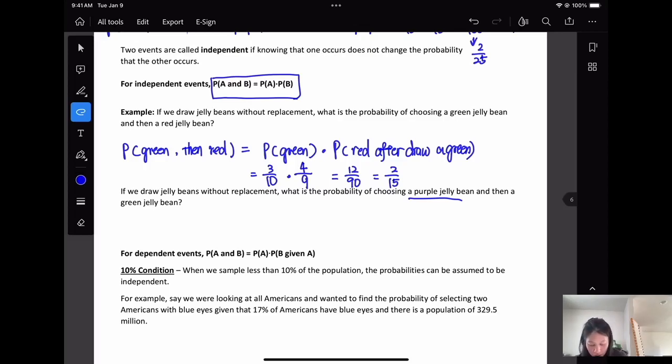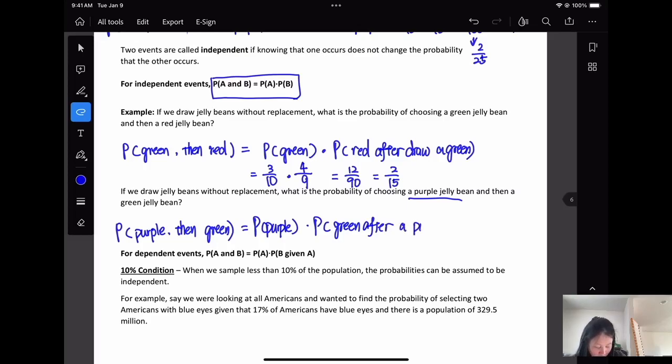Okay, now in here we're drawing a purple jelly bean, then a green jelly bean. So the probability of drawing a purple jelly bean times the probability of drawing a green jelly bean after a purple jelly bean has been drawn.